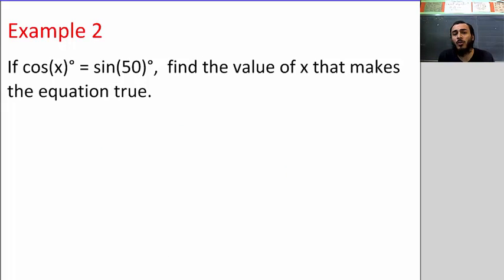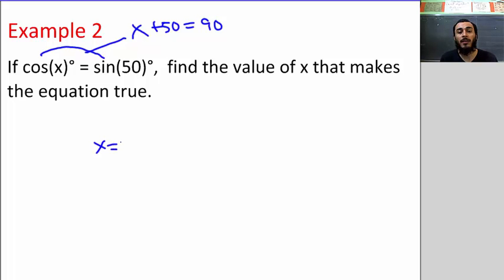So let's see if we could use that in some examples. If the cosine of x equals the sine of 50, find the value of x that makes the equation true. Well, as you could see, these are co-functions, sine and cosine. That's what I mean by that they're co-functions. So since they're co-functions, we know that x plus 50 must be 90.